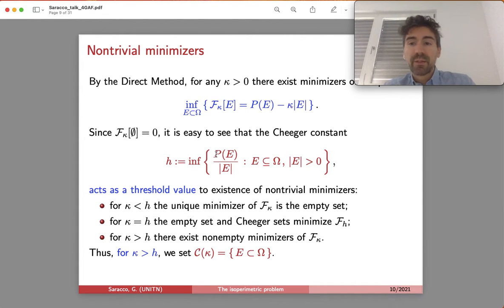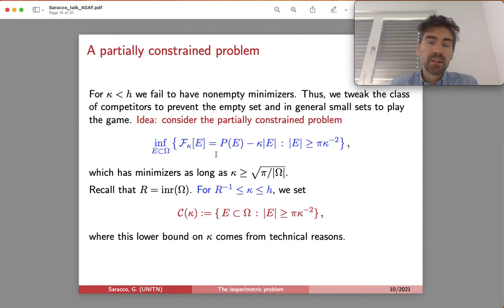And what we would like to do is to study the same problem, but for values of kappa below this Cheeger constant, okay? But if we minimize the functional among all subsets of omega, we end up only with the empty set. So the idea is to tweak the class of competitors in such a way as to prevent the empty set and in general small sets from entering our game.